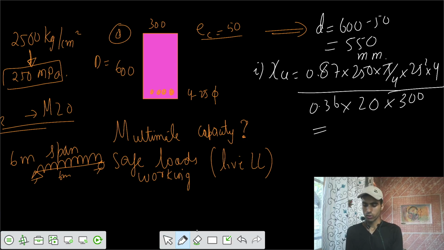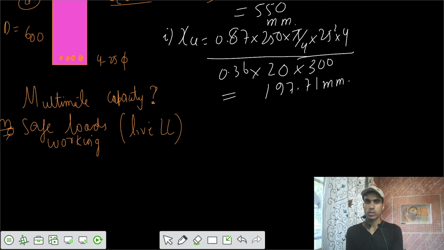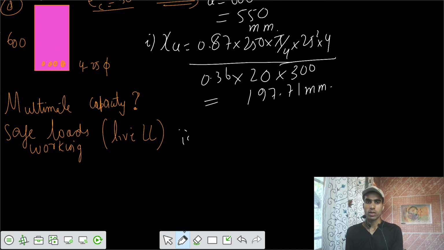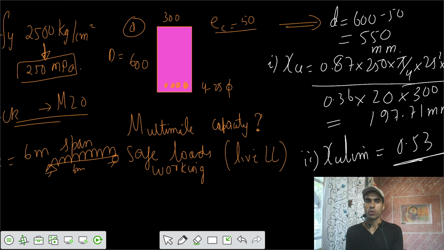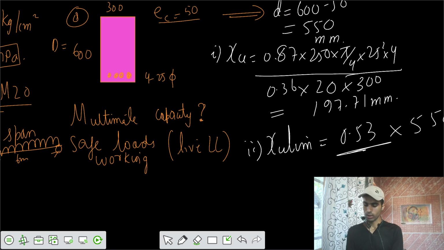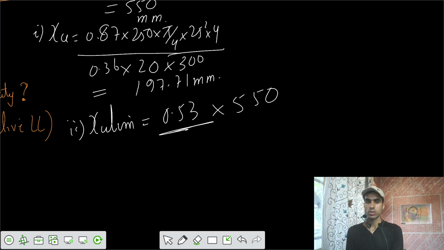So Xu equals 197.71 millimeters. Now we need the limiting condition for the neutral axis, Xu limiting, that is k times d. The value of k is 0.53 for mild steel, so 0.53 into d equals 291.5 millimeters.